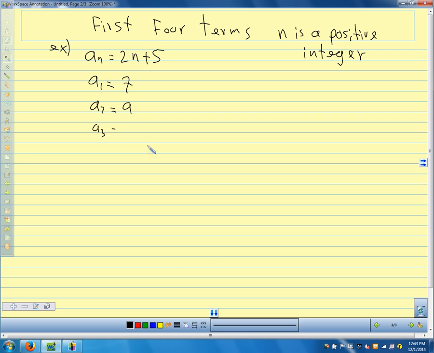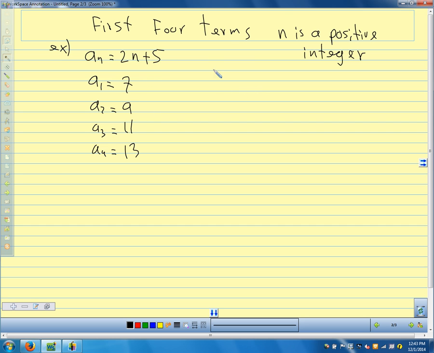A sub 3, 2 times 3 plus 5 is 11, and a sub 4, what is it? 13. 4 times 2 is 8, plus 5 is 13. So those would be our first 4 terms of that sequence. So we're plugging in a positive integer into our formula. So we usually start with 1.